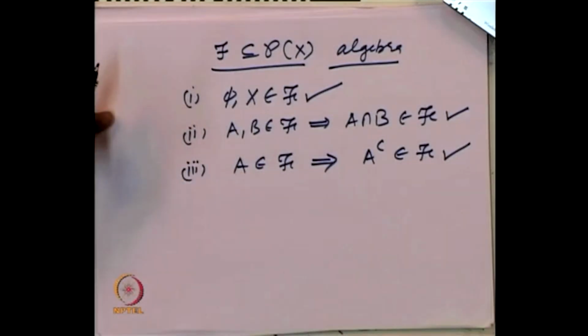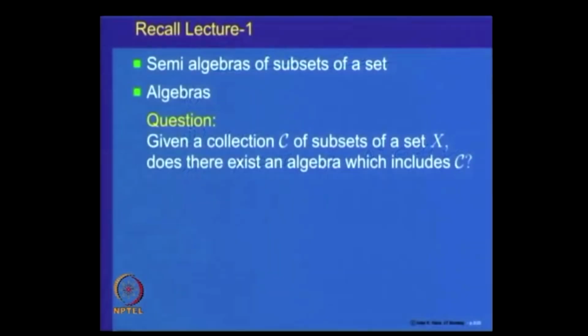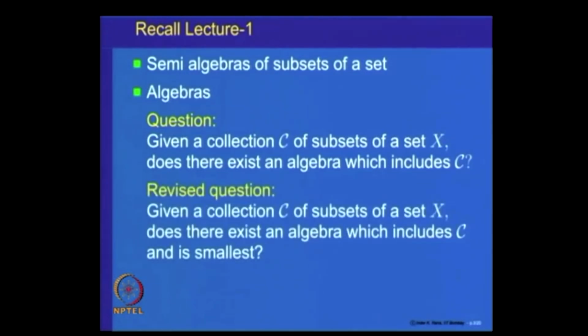So today the question we are going to look at is: given a collection C of subsets of a set X, does there exist an algebra which includes C? The given collection C may not be an algebra of subsets of X, it is an arbitrary collection, and we would like to know, can we find a collection of subsets of X which includes this collection and is an algebra? Of course, there is one obvious answer, namely the power set.